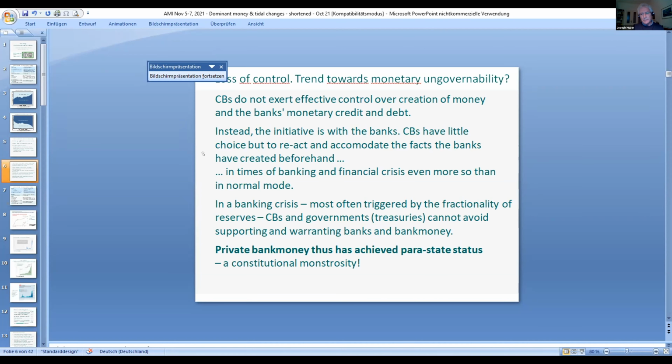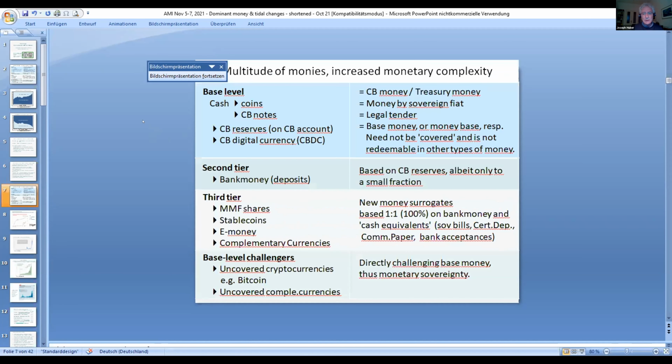So when the day of reckoning comes, central banks and governments have to rescue the banks in various ways, which means that today, since several decades, we really have a private bank money regime in which the bank money has achieved a parastate status, and in my opinion, that's really a constitutional monstrosity.